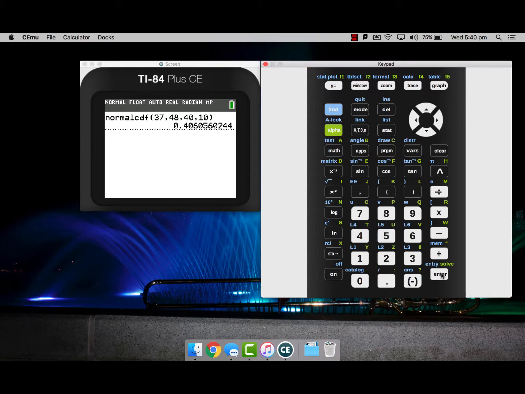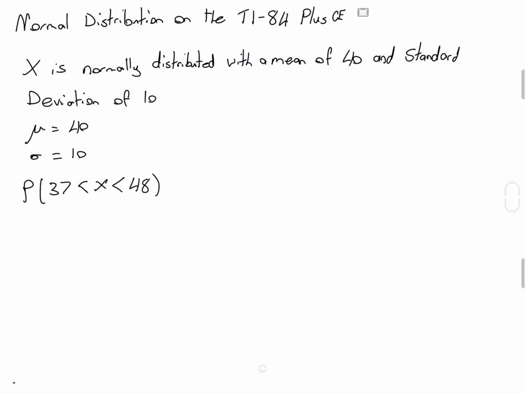Let's look at how we illustrate this. The first thing we have to do is draw our normal distribution curve, and mark at our highest point our mean, which was 40. Now we're going to go between 37 and 48. So let's make this point here 37 and a point over here 48.